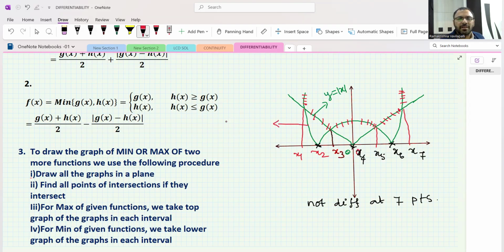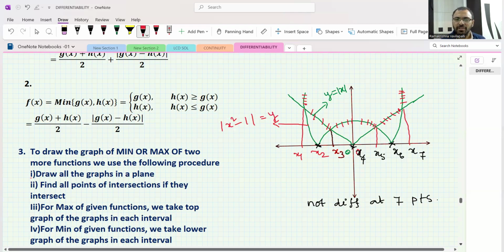This is nothing but, let us say, modulus of x square minus 3x plus 2, or I can say simply modulus of x square minus 1. Even I can say this is the function.